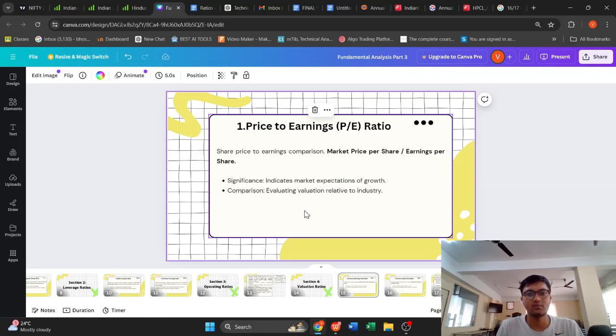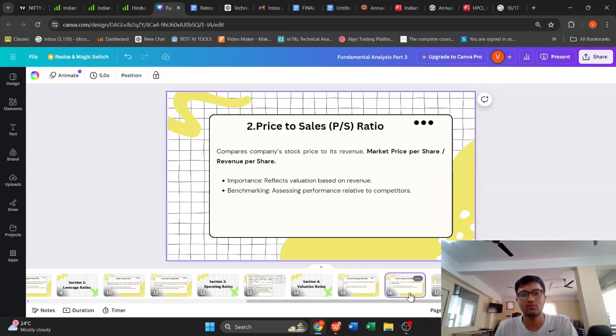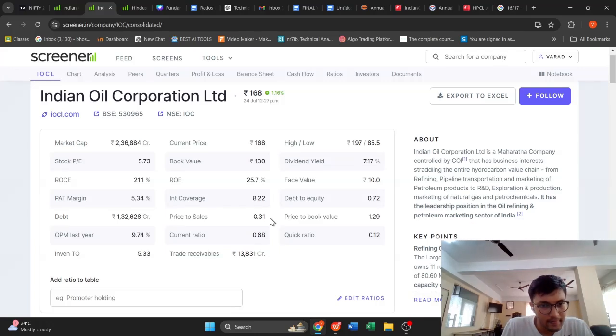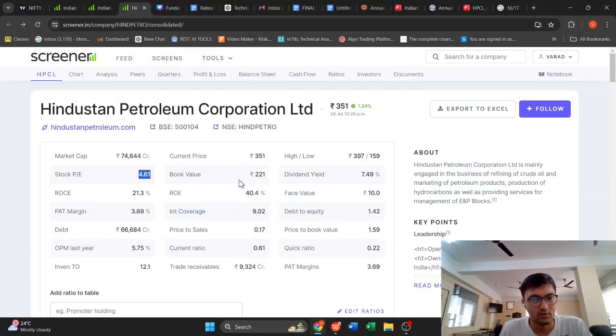Next was price to sales, if I'm not wrong. Price to sales in case of IOCL is 0.31. The lower it is, the better. In case of HPCL it was 0.17. So which is better?